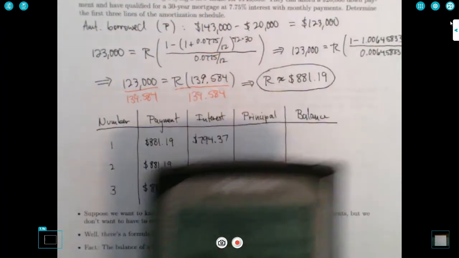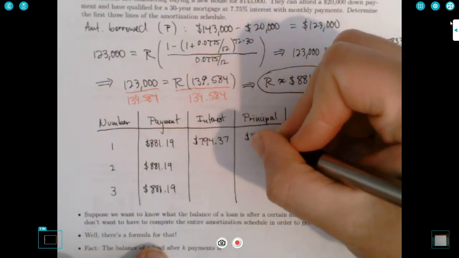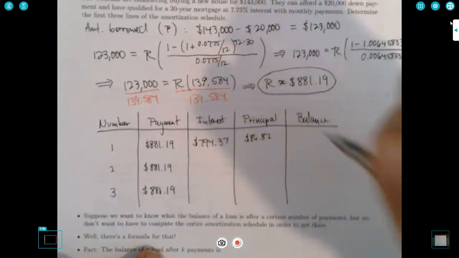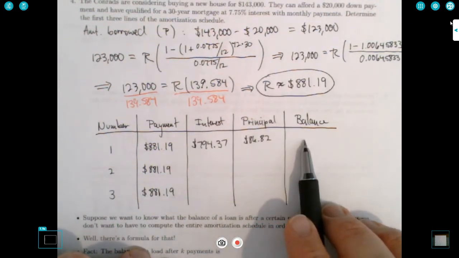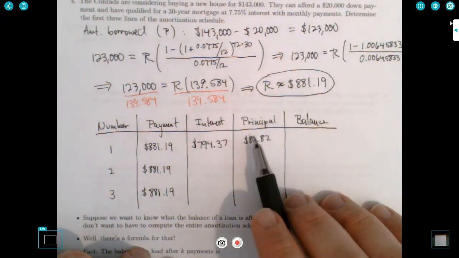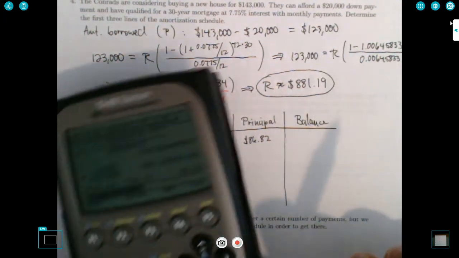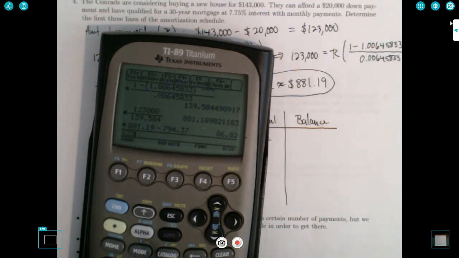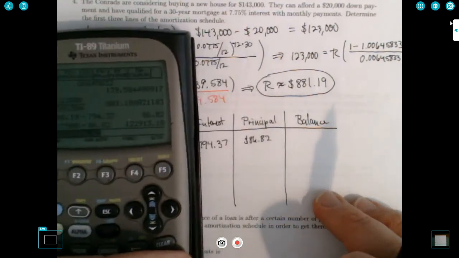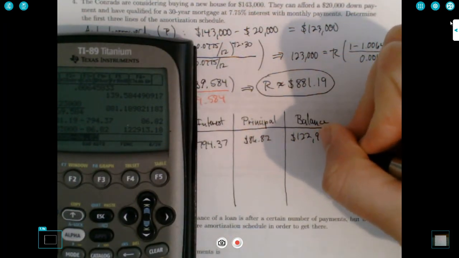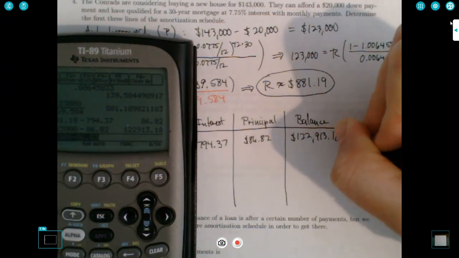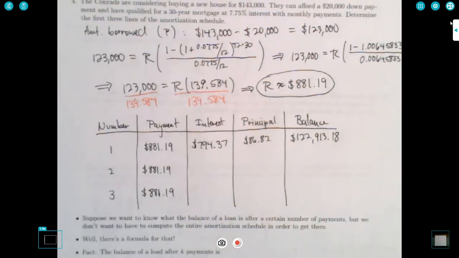So $86.82 goes toward the principal, which means the balance is going to be $123,000 minus $86.82. So that's $122,913.18.